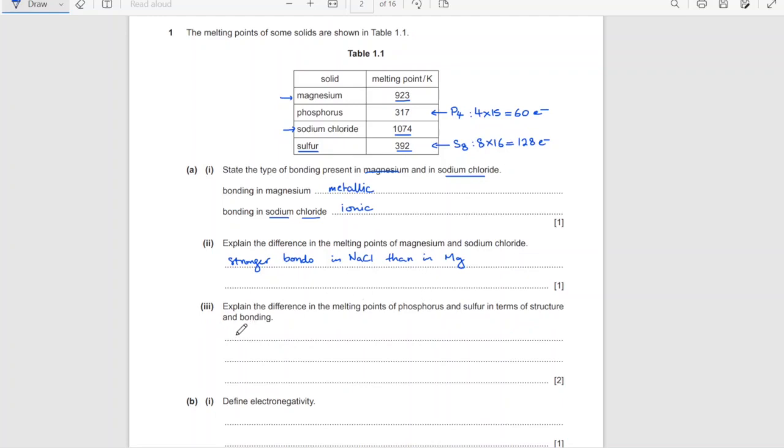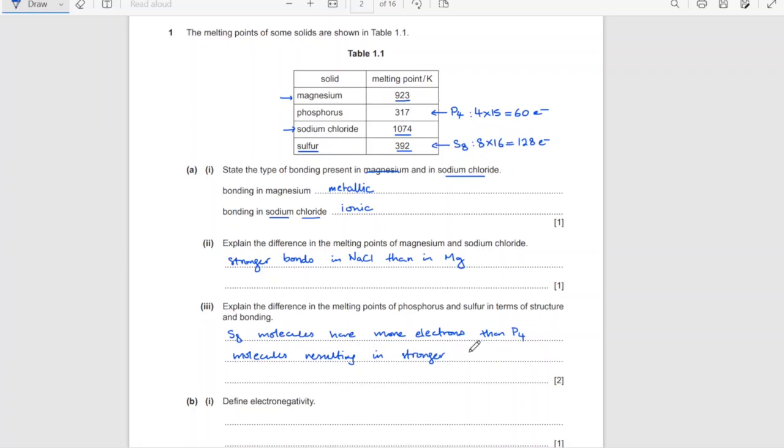So let's write this down. S8 molecules have more electrons than P4 molecules, resulting in stronger ID forces.